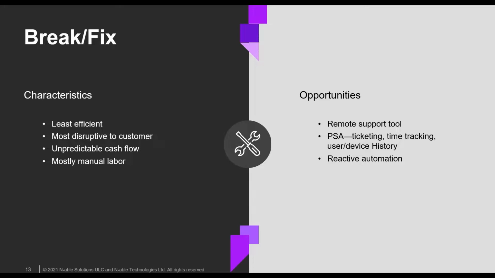Okay, while they might be the most common in the market, again, they are our most disruptive, right? And everything we're going to be dealing with here, I know this slide says mostly, but let's change this to everything is manual labor. There's very little automation that we're going to see with these particular end users, right? And most importantly here, they are unpredictable cash flow.